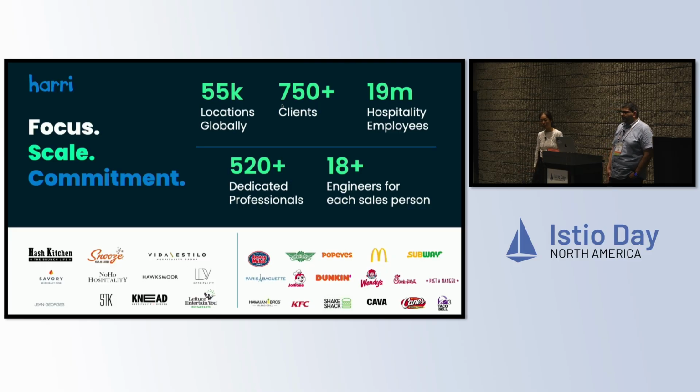So we currently serve about 19 million hospitality employees that are working for about 750 clients that we are working with, distributed over 55,000 locations worldwide. And these are some of the brands that we are currently working with.